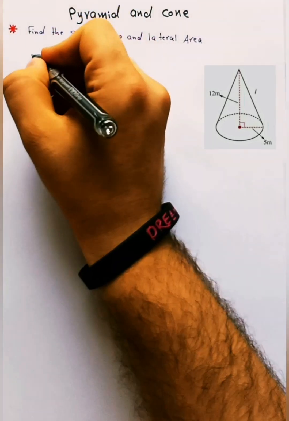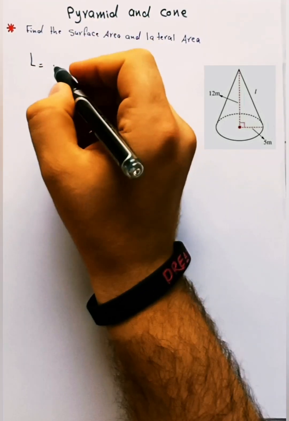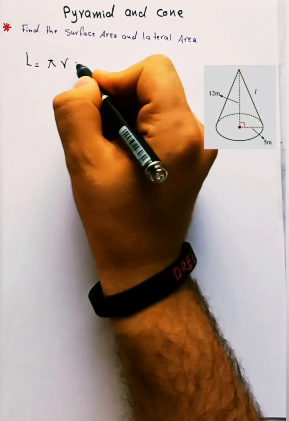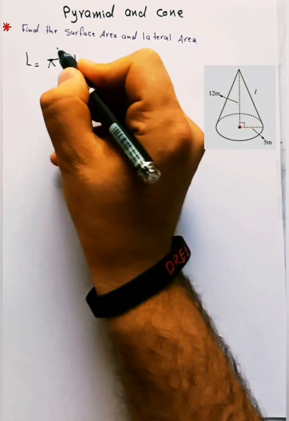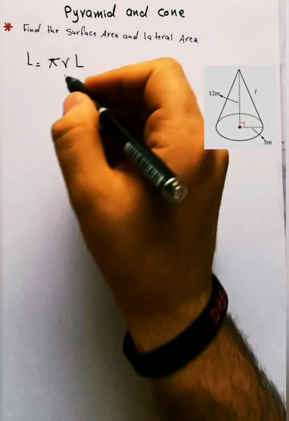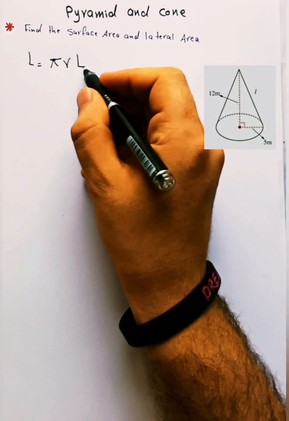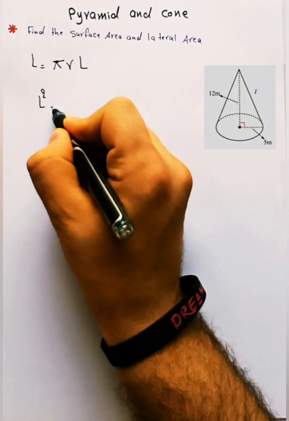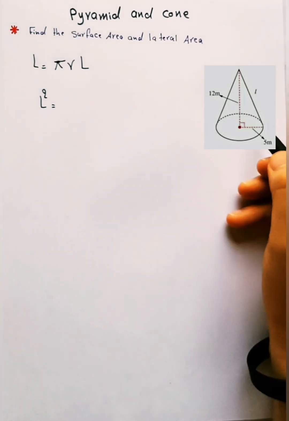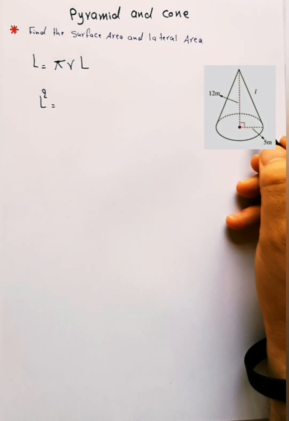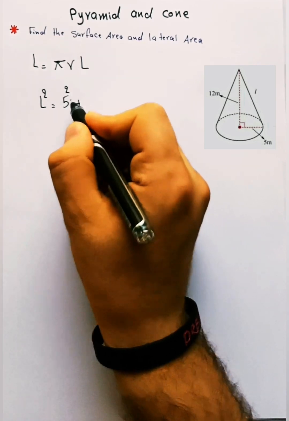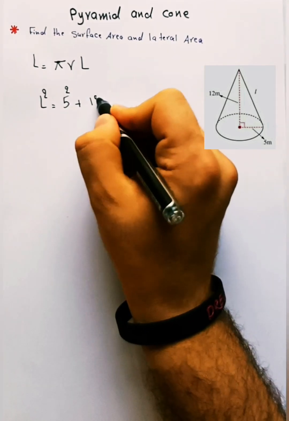So the rule for lateral area equal to pi r L. So first we need to find the slant height by the Pythagorean theorem. So L square equal to the short leg 5 square plus the long leg 12 square.